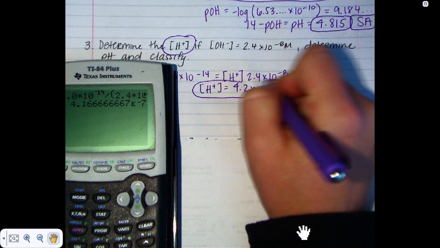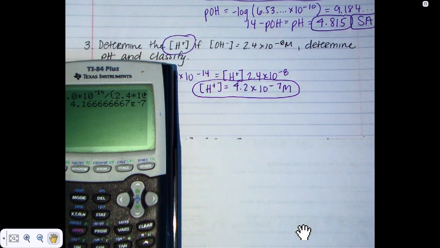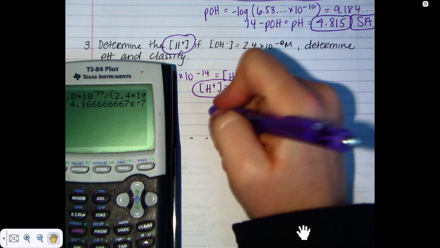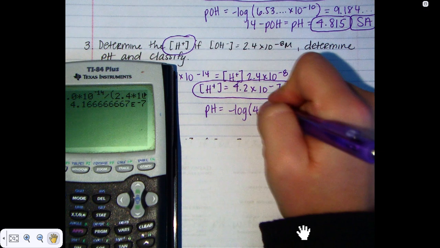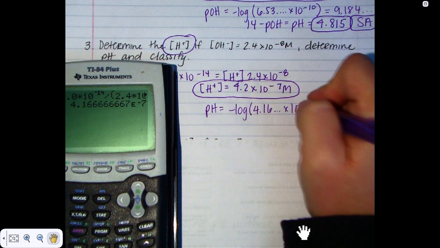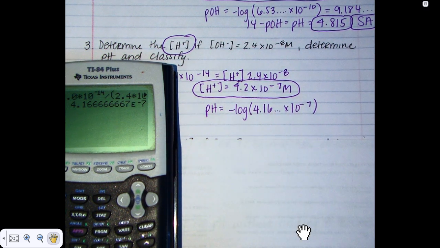All right, now, this is where you have to pay attention. The number I just solved for is the H plus. So when I negative log it, that is pH. There is no need to subtract from 14 here. So pH is equal to the negative log of 4.16 times 10 to the minus 7, the whole number in my calculator. And that's it. I stop. Negative log, second answer.